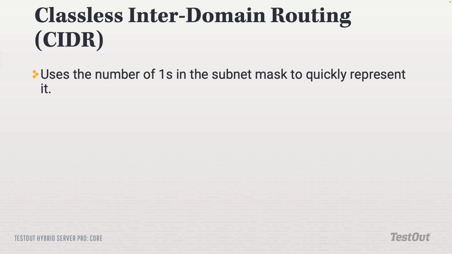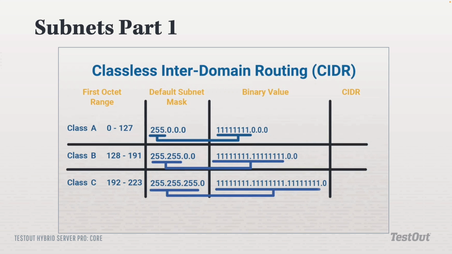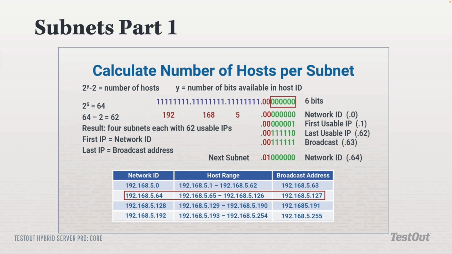So CIDR, like I said earlier, it's just the number of ones that are in our subnet. Okay? So let's do a quick example. What would the CIDR notation be for this if those were both 1s?